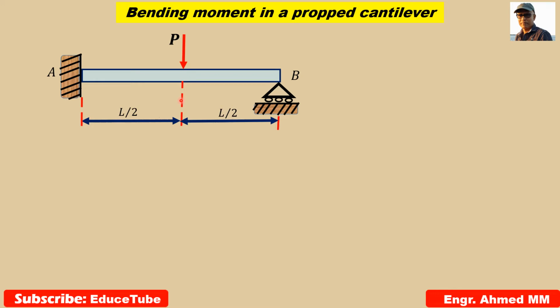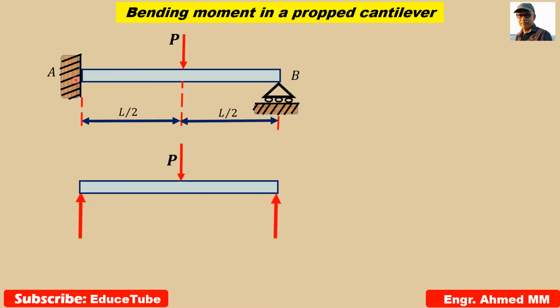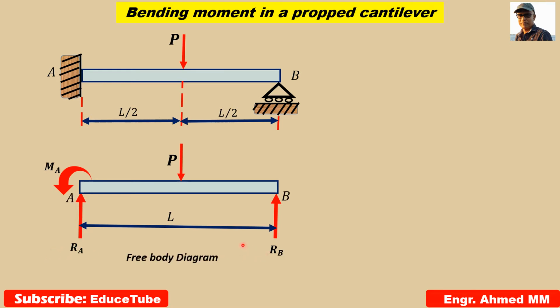Now we will draw a free body diagram. In the free body diagram there will be two reactions, RA and RB, and most importantly there is a moment MA because this is a fixed support.